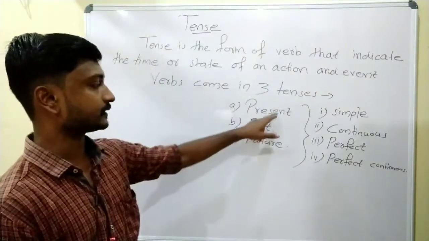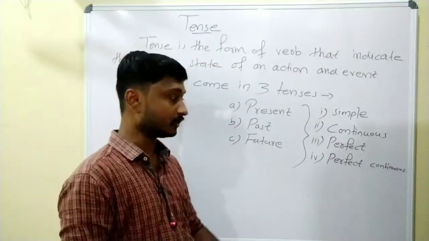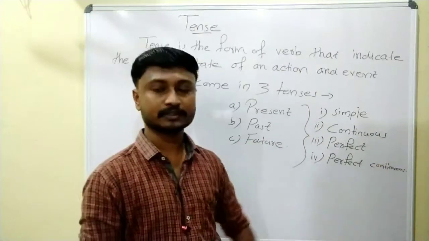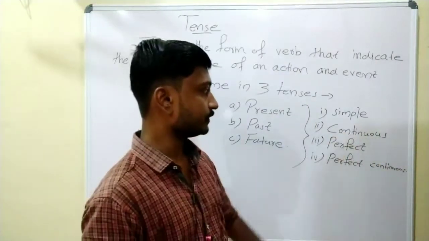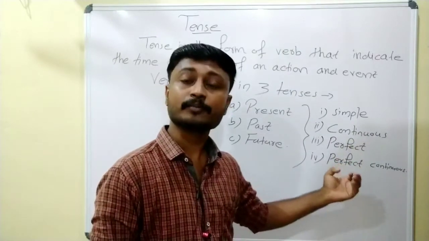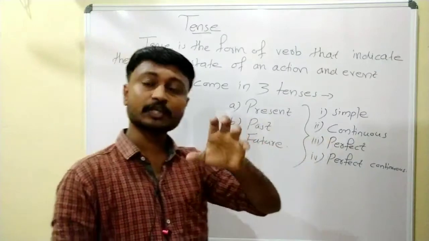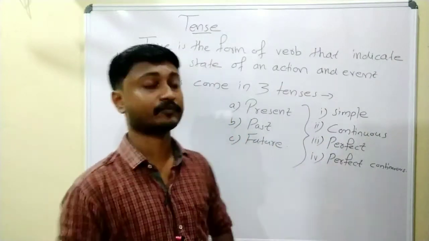We have a present tense, past tense, and future tense, and all these three tenses are further classified into four different categories: simple, continuous, perfect, and perfect continuous. That means there are 3 into 4, 12 types of tenses.